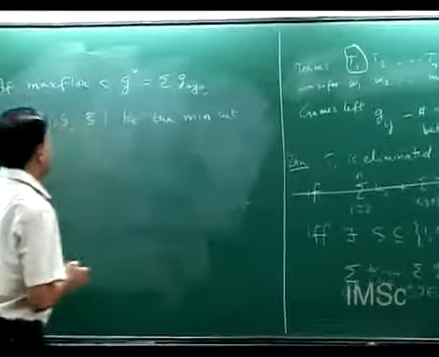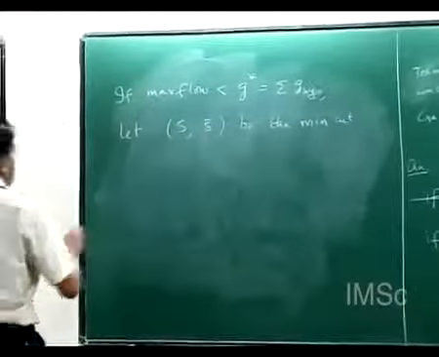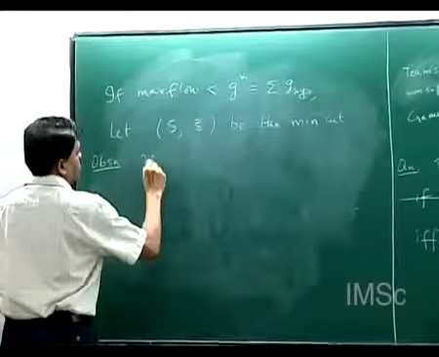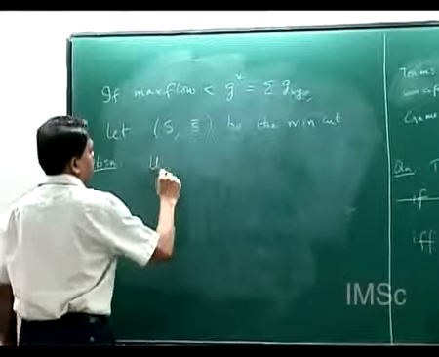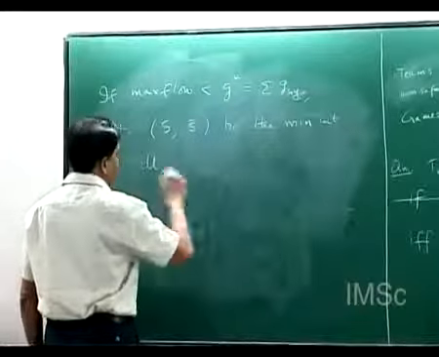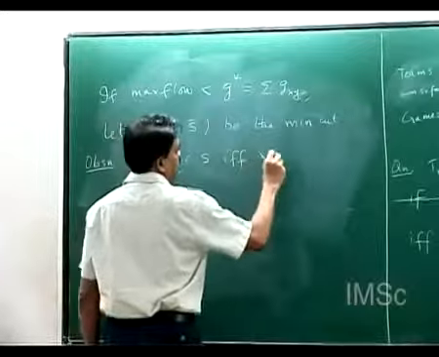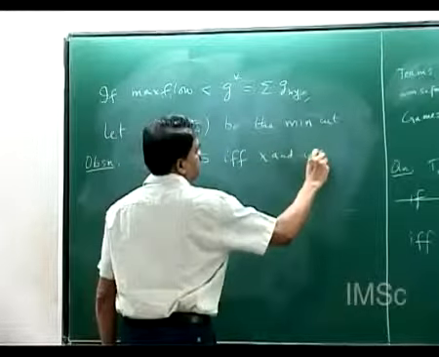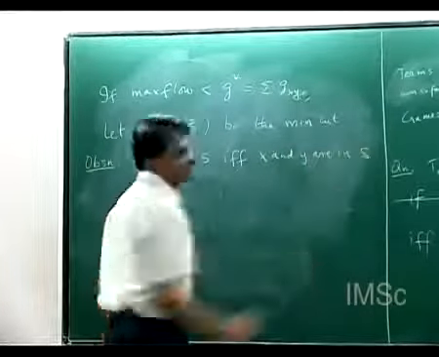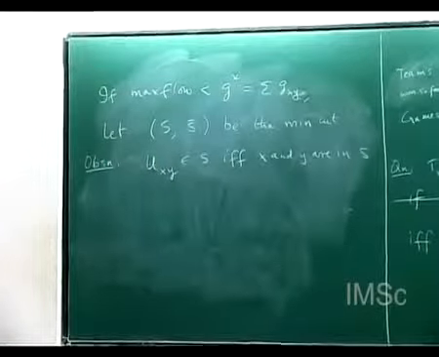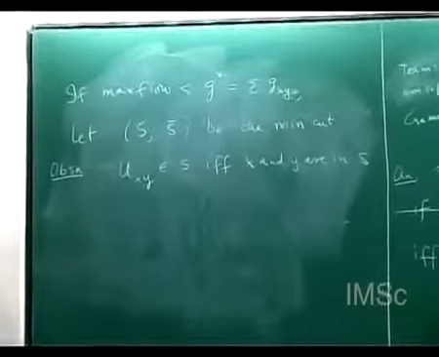Okay. So, we will make some first observation, some simple observation. u x y is in S if and only if x and y are in S. So, I have a min cut, this S and S bar, which partitions the vertex set.